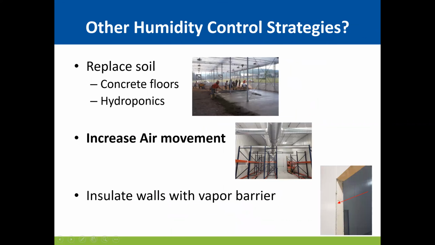What are other humidity control strategies that you can implement if that's not going to work for you? One thing you can do is, instead of having soil-based grow systems or ground soil for ground cover on your floor, replace it with a concrete floor, which isn't going to evaporate water, though be careful about reflection of light.